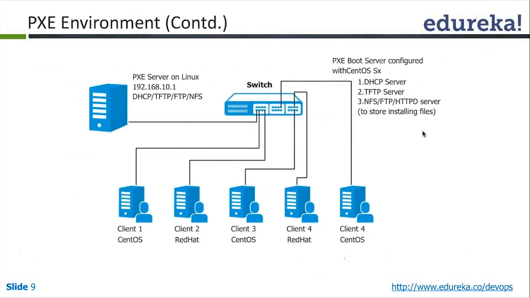We are talking here of basically CentOS. Maybe this environment can have multiple other OSs, SUSE, Ubuntu, anything. So these servers like your Cobbler servers, Foreman servers, or Crowbar servers help you manage these images and manage these profiles.